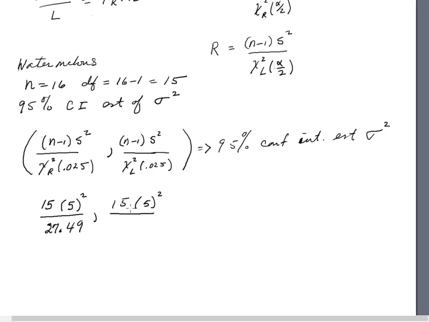Now this value here was 6.26, 6.26 in parentheses like that, and that's a 95% confidence interval estimate for the variance of the weight of those watermelons.